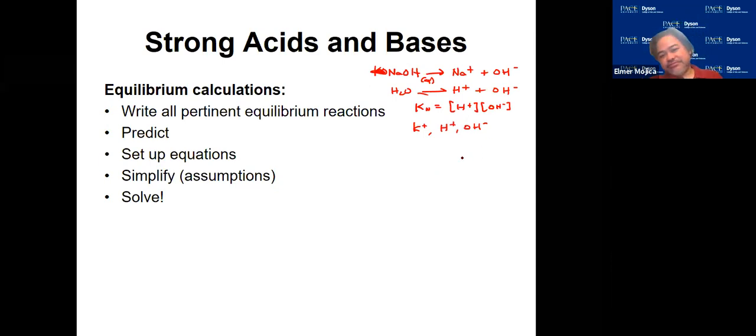And then we need two more equations, so we can have the CBE. If you're going to look at this, this is just K plus plus H plus equals OH minus. And then we have the MBE, and this is just not K plus, Na plus, okay?